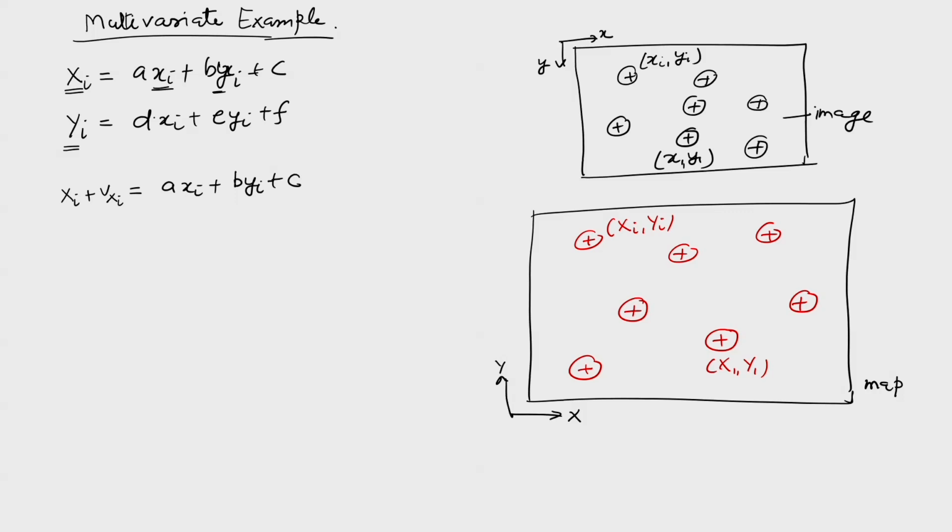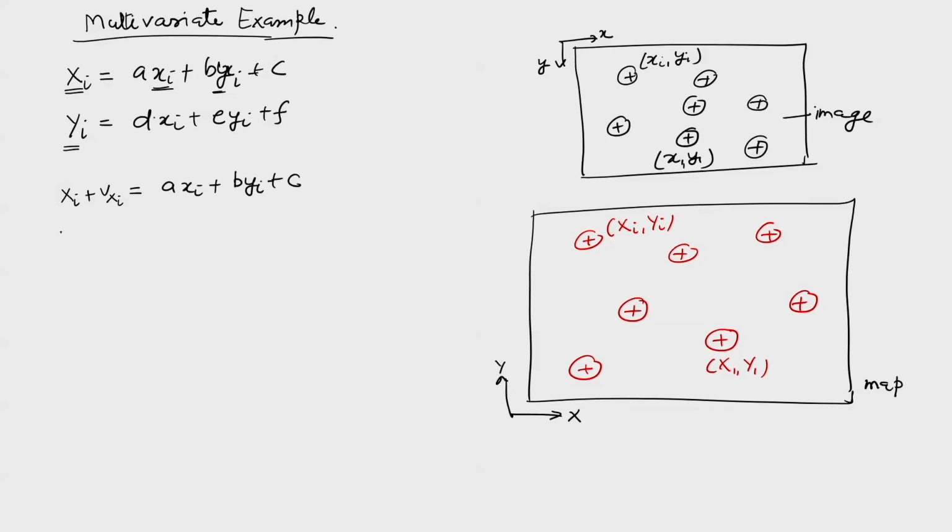Because I am transforming my image into the map, I am writing this equation. Similarly, if I introduce vyi here, I will get Yi plus vyi equals d xi plus e yi plus f. If I write for n number of points, I can write such equations.